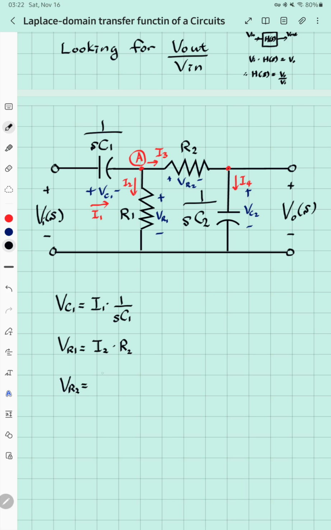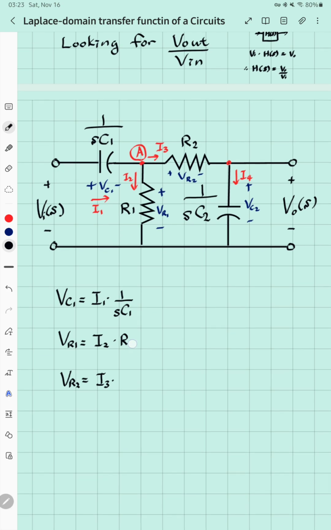VR2 equals I3 times R2. And VC2 is I4 times 1 over SC2. So these are all the V's.